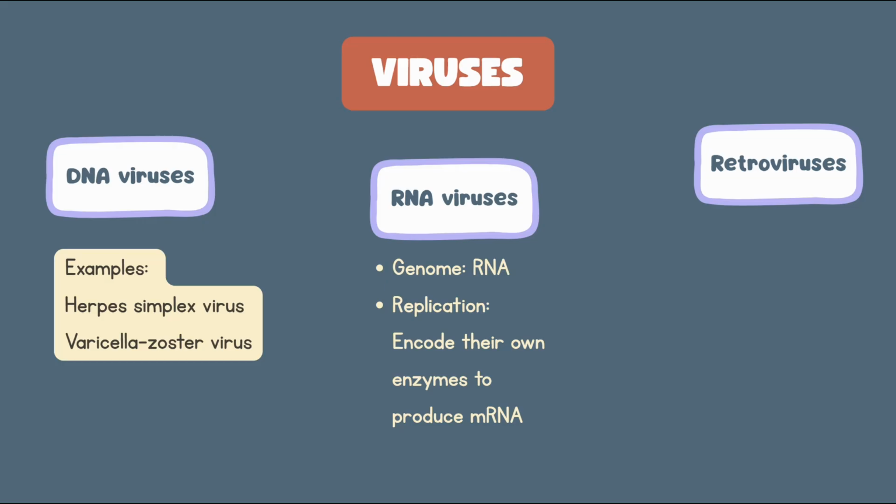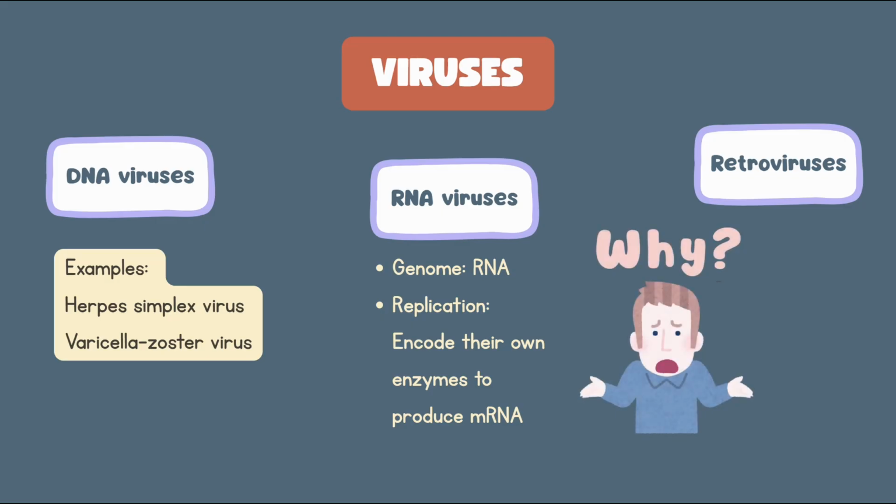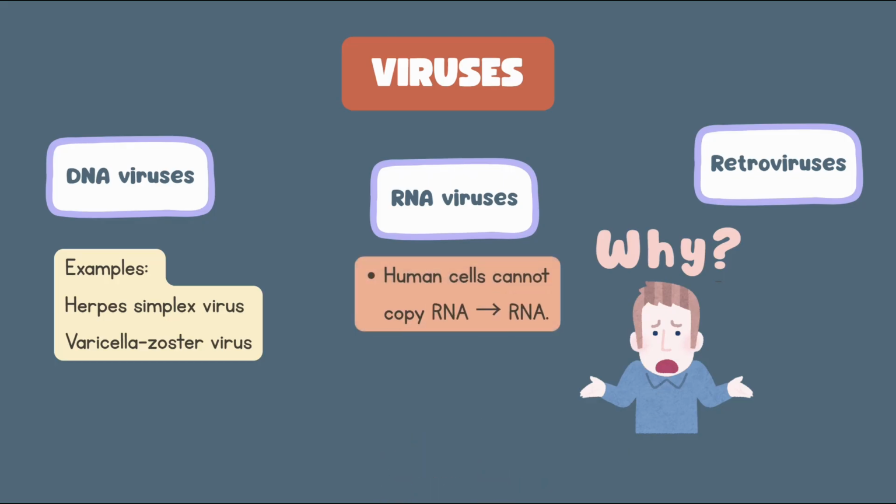So why is it that RNA viruses need to encode their own enzymes to produce mRNA? Why do they need their own enzyme? Because human cells cannot copy RNA into RNA. What I mean by that is that usually human cells go from DNA to RNA, from RNA to protein.